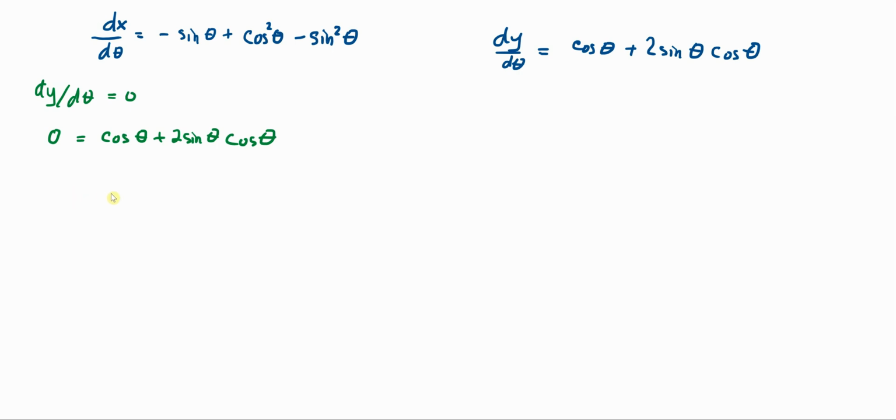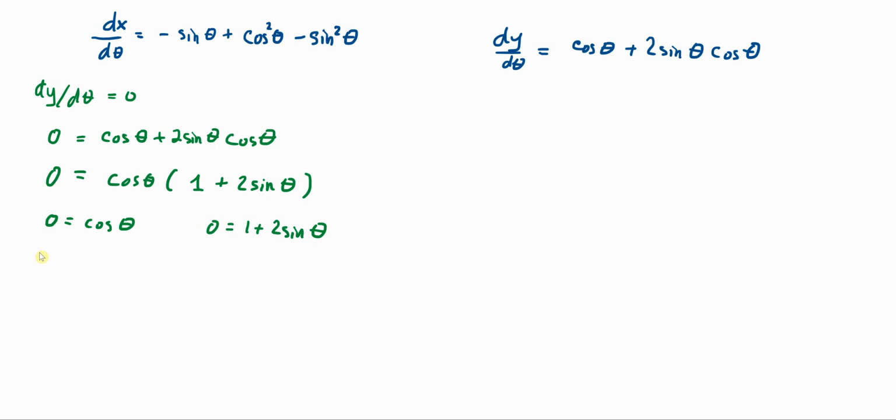All right, and at this point, we get into some algebra and trigonometry. So I want to solve this equation. On the right side, I can factor out a cosine theta, and that leaves me with 1 plus 2 sine theta. The zero product property applies here, so I can split it into 0 equals cosine theta and 0 equals 1 plus 2 sine theta.